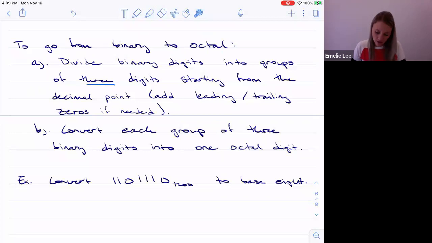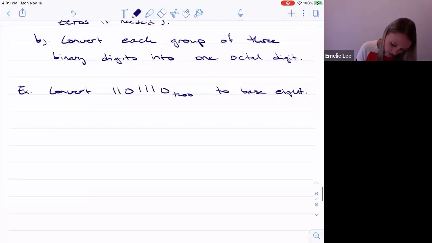My decimal point, because there is none, would be on the far right. So I'm going to write this out a little bit bigger: 1 1 0 1 1 1 0.